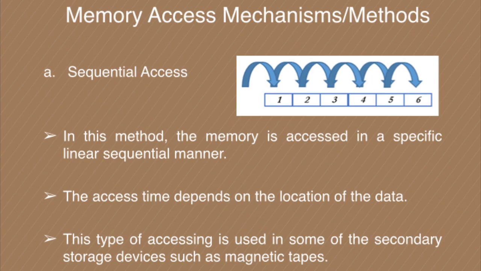First one is sequential accessing. Here you can see this figure. We are accessing memory one by one. In this method, the memory is accessed in a specific linear sequential manner. The access time depends on the location of the data.